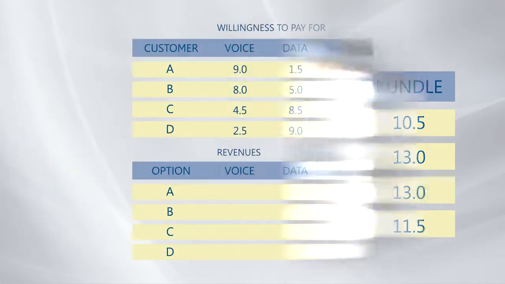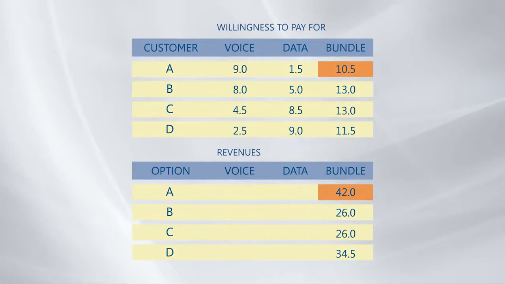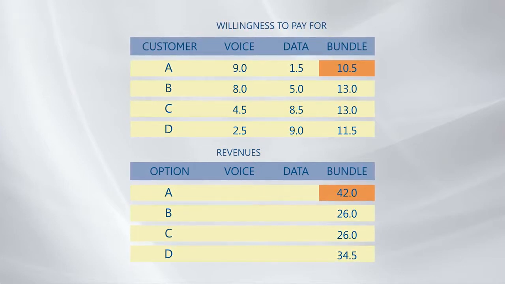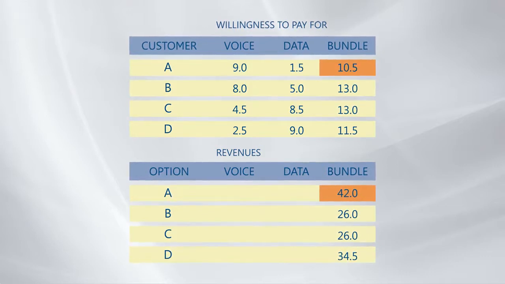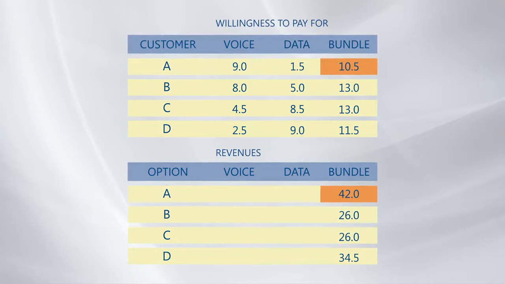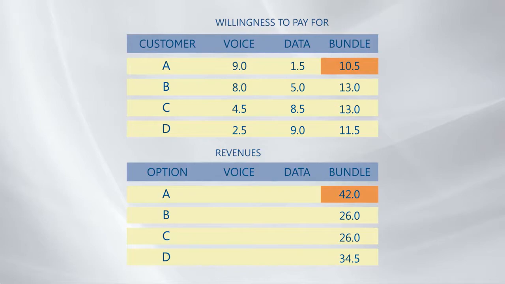Now we're going to be able to reach 4 different customers, and we're going to be able to increase our total revenues to $42. So what we see in this particular example, the ideal price for the bundle to charge would be $10.50. We have also seen that we have significantly increased our revenue contribution by pricing the bundle instead of the 2 individual products, the voice and the data plan.